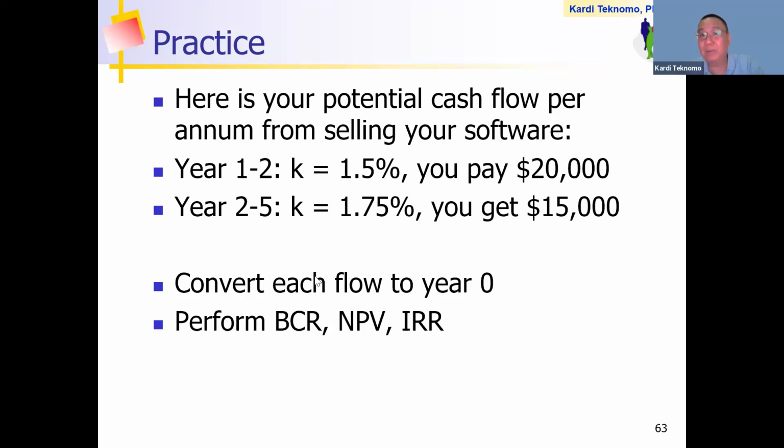Do you want to do this or not? That's the question. This is the cash flow that you have. The technique is simple: you convert everything to year zero, and then you compute the BCR and NPV. Do you want to try this so that we can get a better understanding?